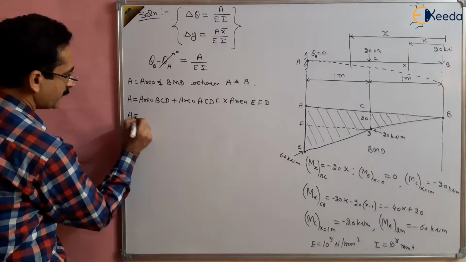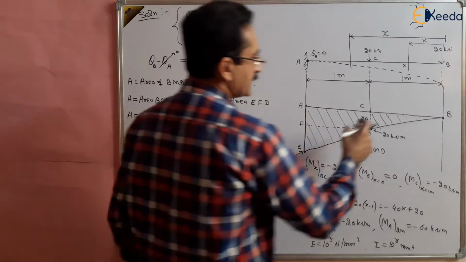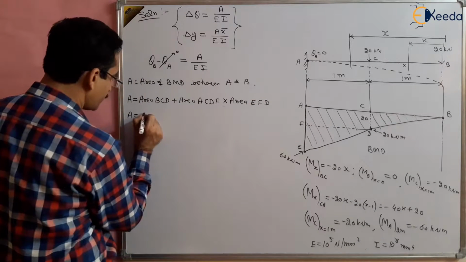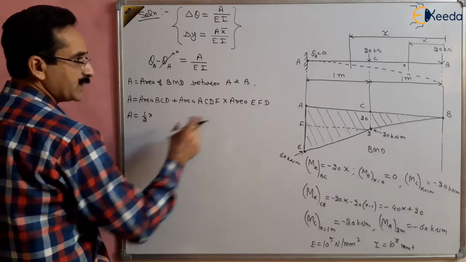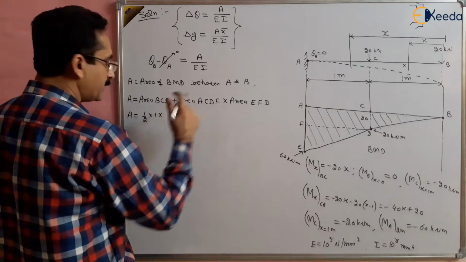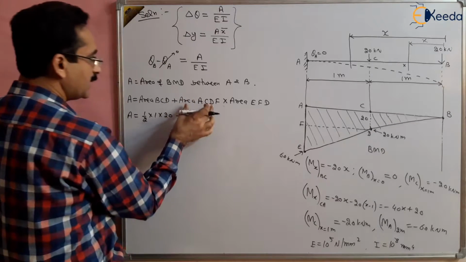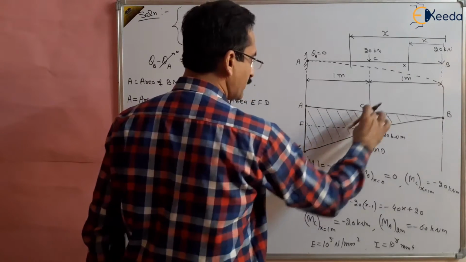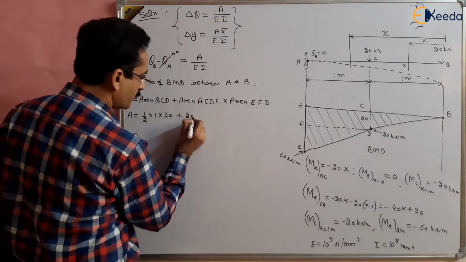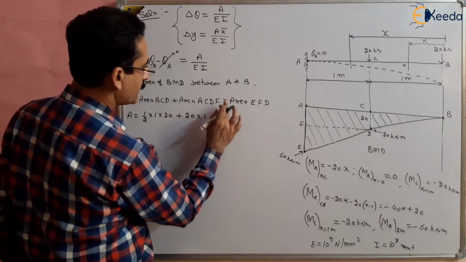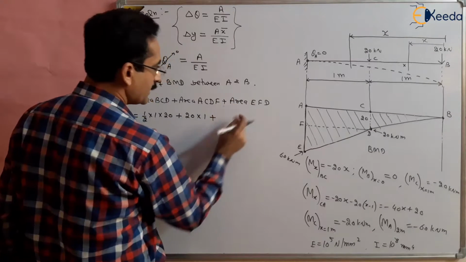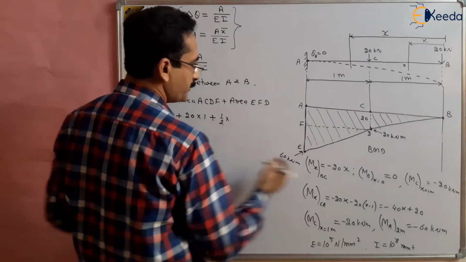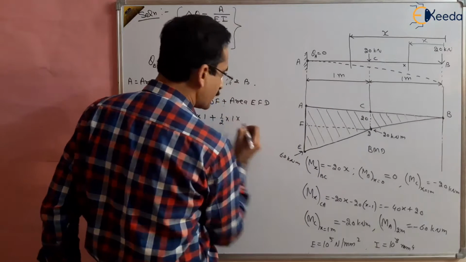So the area will be equal to area BCD. This length is 1 meter, height is 20. So we can write this is half multiplied by base 1 meter, multiplied by height 20, plus area ACDF, this is 20 multiplied by 1, and plus area EFD, this is half multiplied by base 1 meter multiplied by height.